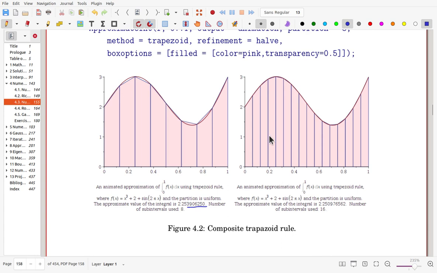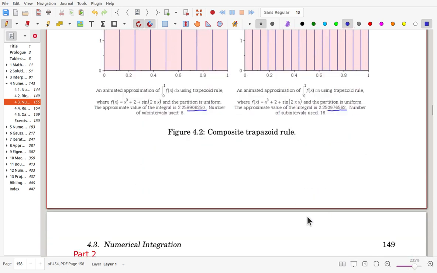Now once we have 16 subintervals, then the value is given here, so this portion is the error. As you can see here, the error there is a quarter of the error in this case. So by halving h, by choosing twice as many points, we can get a quarter of the error. Okay, so the error is order h squared, right?